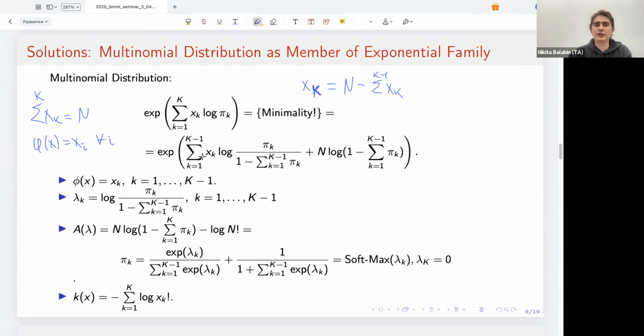Here we don't use the normal constant. Here we just show how we use minimality of the sufficient statistic.